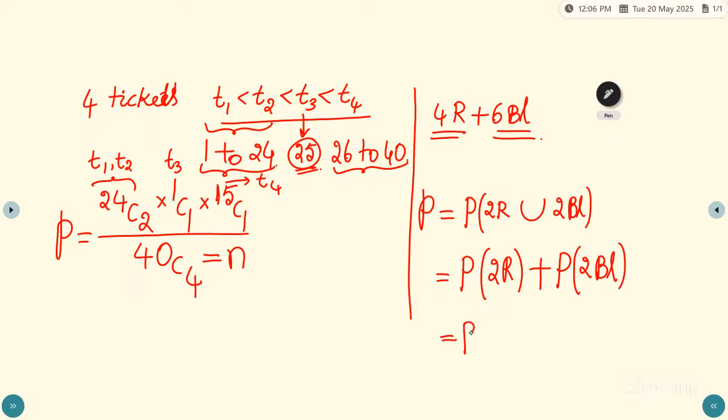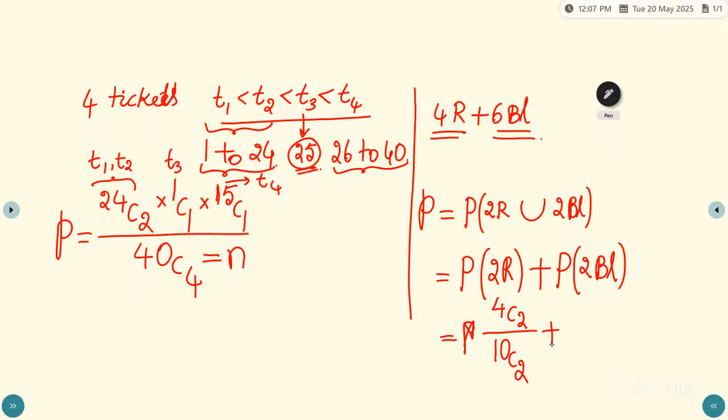For drawing 2 red, totally we have 10, and out of 10 we choose 2 balls. Both are red. How many red balls are there? 4 were given. You may choose 2, so 2 chosen out of 4 red.